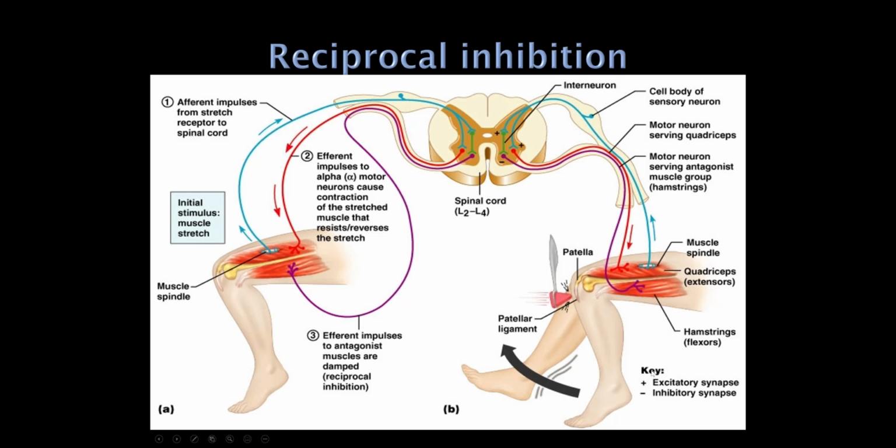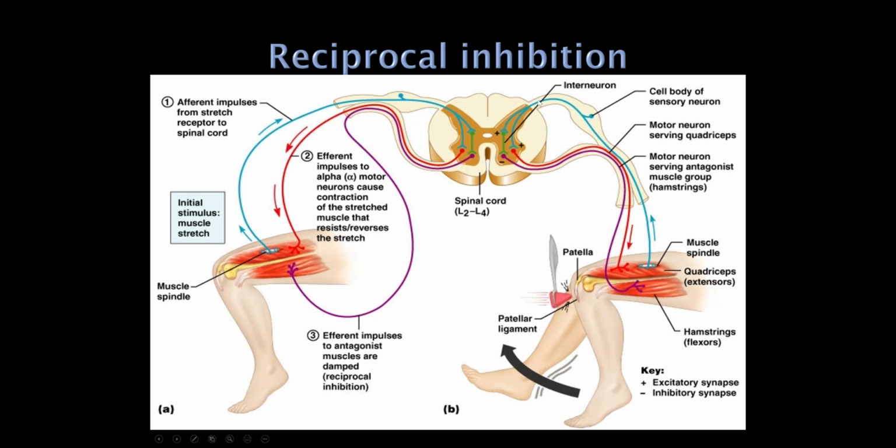Okay, so here we tap on the patellar reflex, which stretches the muscle spindle. And so we get this very rapid signal that goes directly, monosynaptic, right to an anterior horn cell here, which is going to go right back to the quadriceps muscle, and so it contracts and the leg kicks out.